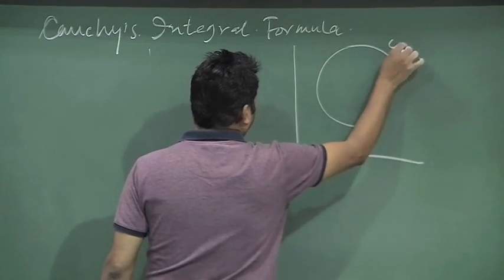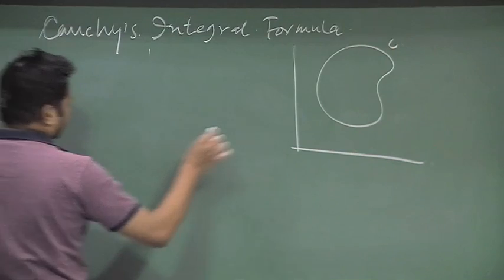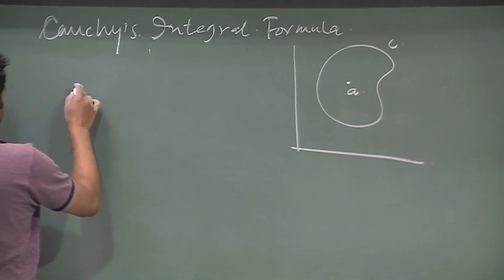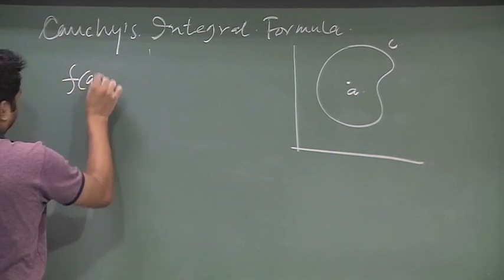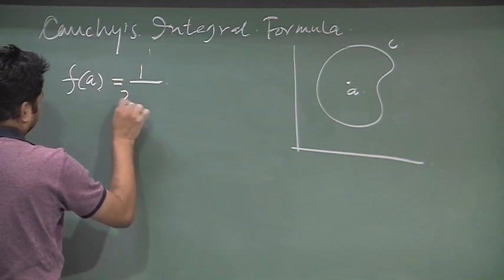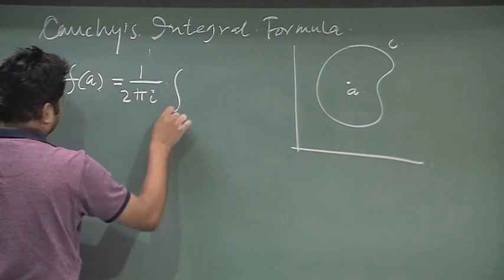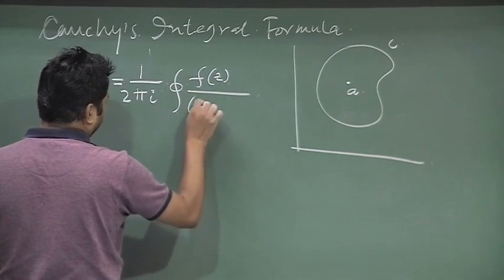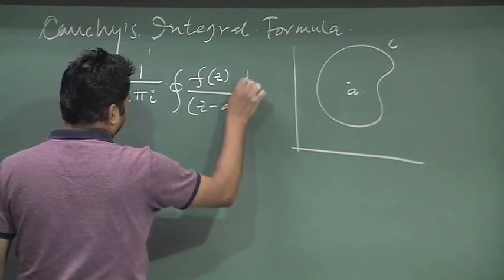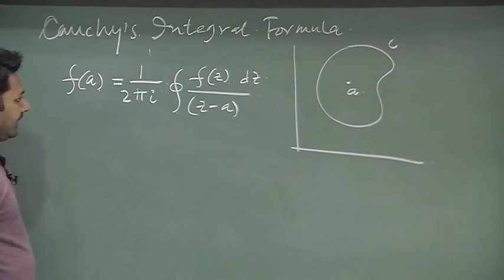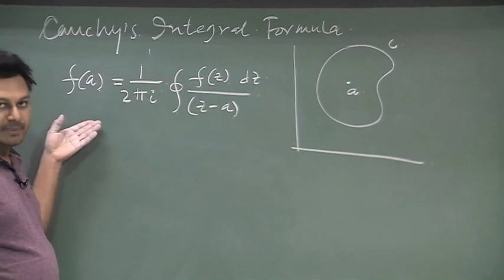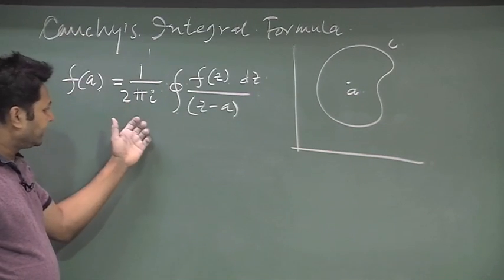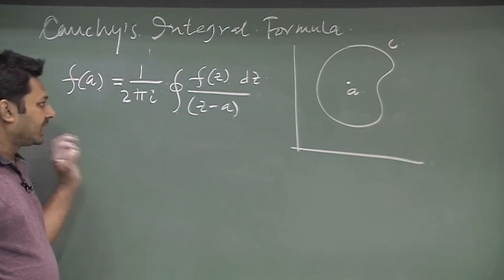This is the region, say C, and a point here is a, inside the region. Then the statement states that, let me write it here, then I will explain. This is the statement of Cauchy's integral formula. After writing the statement, let me explain one by one what it means.